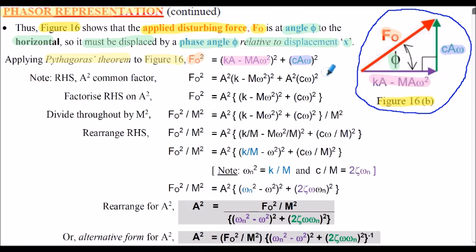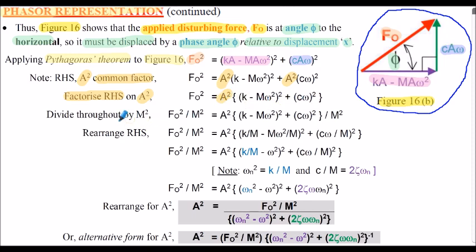The transposition process shown here looks quite lengthy, but that's because I've stated all the individual steps. So the first step on the right hand side, I look for my common factor a squared. So a squared is in this bracket and a squared is in this bracket, so taking the a squared outside of the bracket. Next, I factorise the right hand side of the equation on a squared, factorising the right hand side on a squared here.